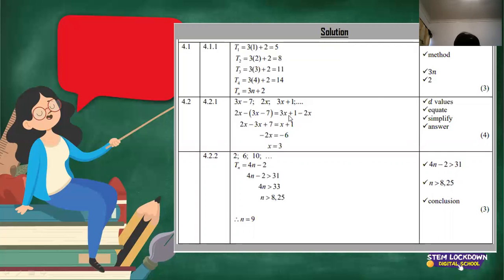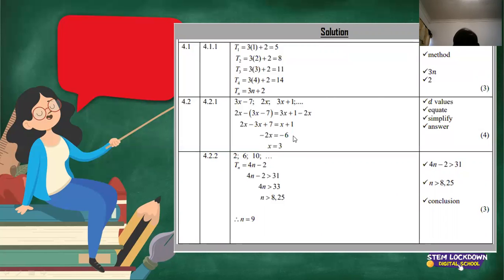With this, we solve for the value of x. We bring down the 2x, then open up the bracket to get minus 3x plus 7. It equals 3x plus 1 minus 2x. So 3x minus 2x gives us x plus 1. And then 2x minus 3x, and then bringing the x over, that'll give you minus 2x equals, bringing the 7 over, negative 6.